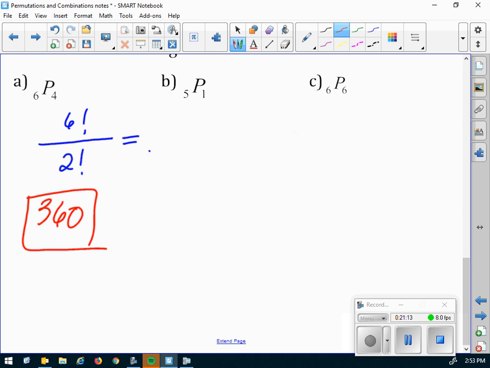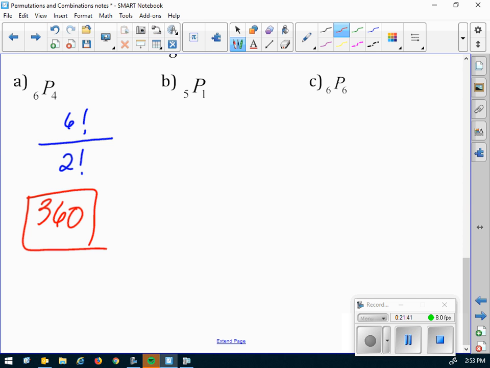Okay, let's look at B. Now, I want you to think about this one for just a minute. I have these 5 people right here, taken one at a time. How many different ways can I pick one of them? 5 ways? Okay, so let's do the formula. Well, that was fast.